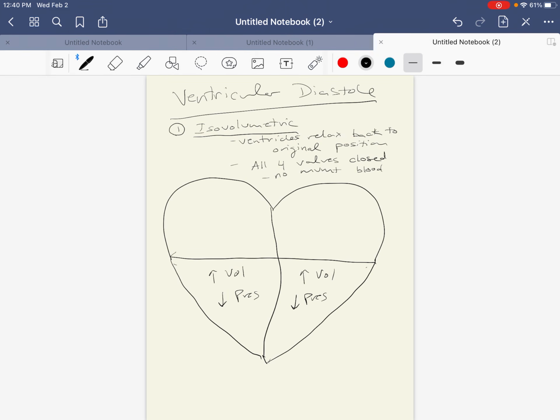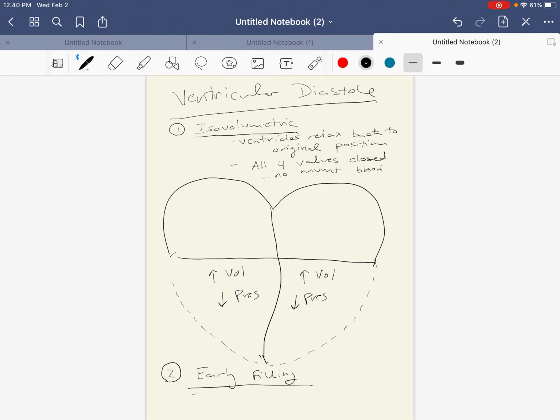But then what happens? Because the ventricles contracted with such force, they also rebound a lot. Because the ventricles contracted so forcefully, they actually rebound to an even greater volume. The more forcefully something contracts, the greater the rebound. So there's a second period in ventricular diastole that we're going to call early filling.